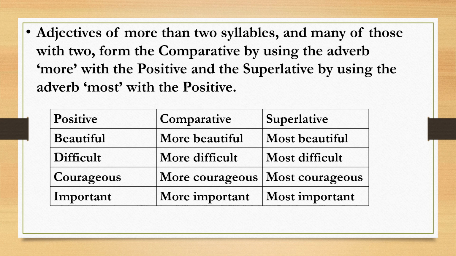Again, the word courageous is of three syllables. Here we will add more to the word courageous. In the comparative, it will be more courageous, and in the superlative, we will add the word most. So in the superlative, we have most courageous.